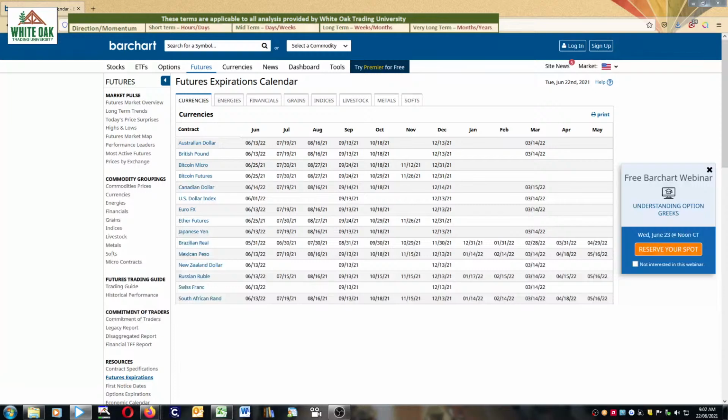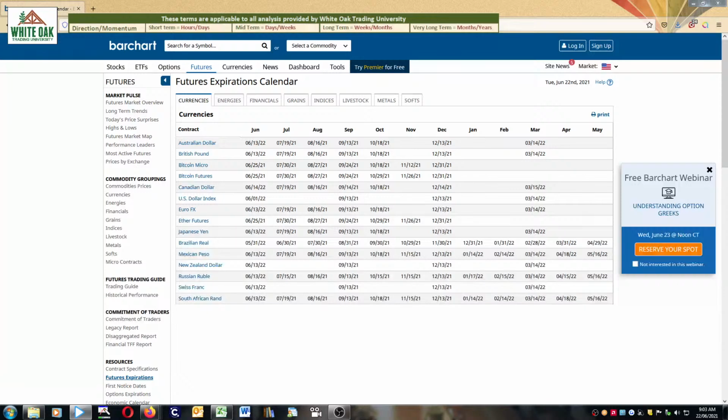What we're focused on is that when contracts expire, whoever holds those contracts typically wants to exit them before they expire. Knowing this is a big thing. Why? Because we're following the big banks, the big players, and tracking what they're doing with their positions.